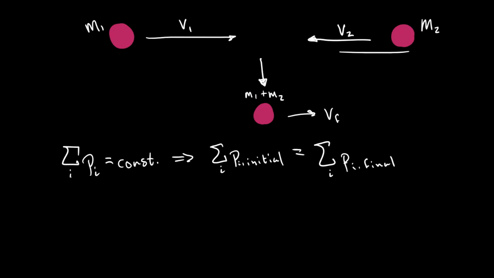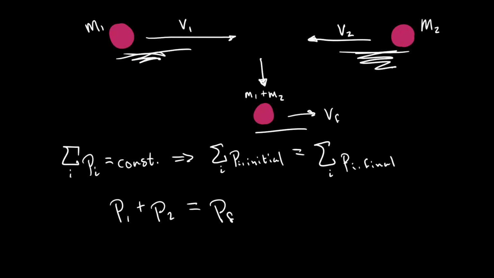So the sum of these 2 momenta has to be equal to that momentum, because there's only one object. So another way I'll write that is P1 plus P2 is equal to PF, where P1 is the momentum of this guy, P2 is the momentum of this guy, and PF is the momentum of the final lump.